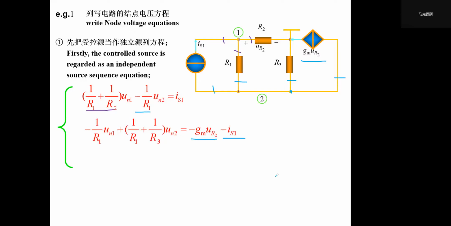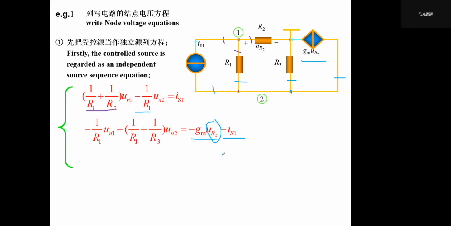So this time we still have something to solve, because we only have two equations for three unknown variables. Since we still don't know this UR1, we have to write about this stuff.